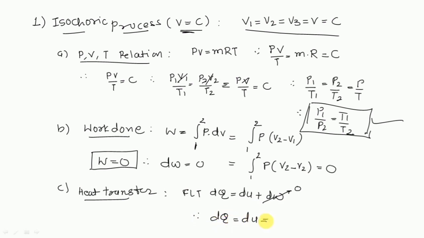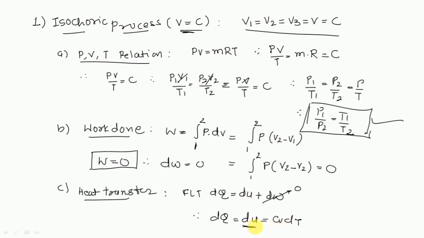In the previous slide we already discussed that du is nothing but Cv dT. We already know this from the relation between Cp and Cv: Cv is du by dT.